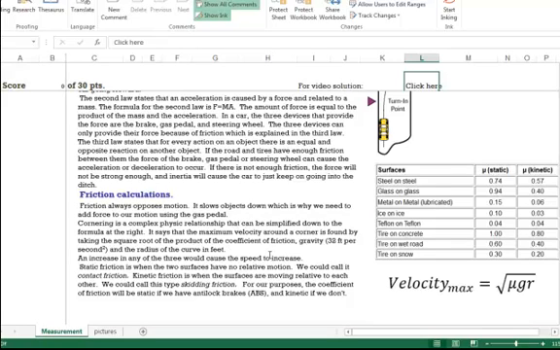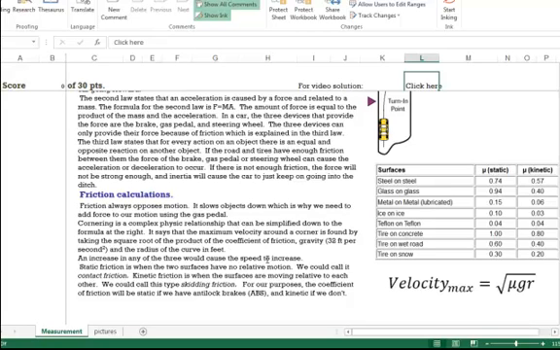It says that the maximum velocity around a corner is found by taking the square root of the product of the coefficient of friction, which you find on the chart there, gravity, which is 32 feet per second squared, and the radius of the curve in feet. An increase in any of these three would cause the speed to increase, or I guess you would say the speed can increase if any of these three is larger.